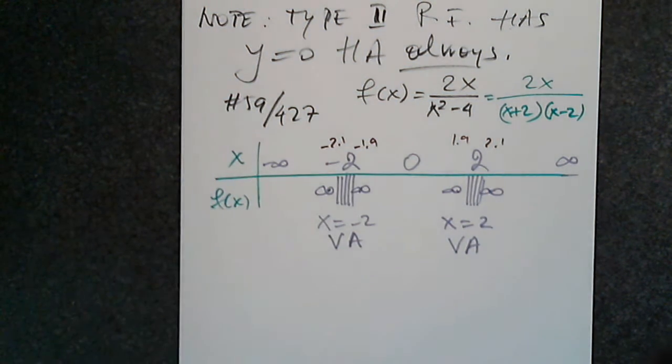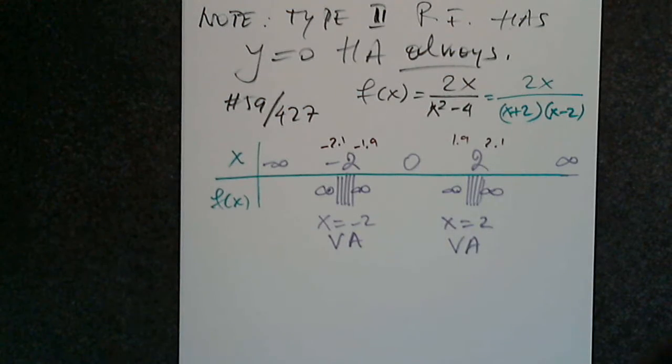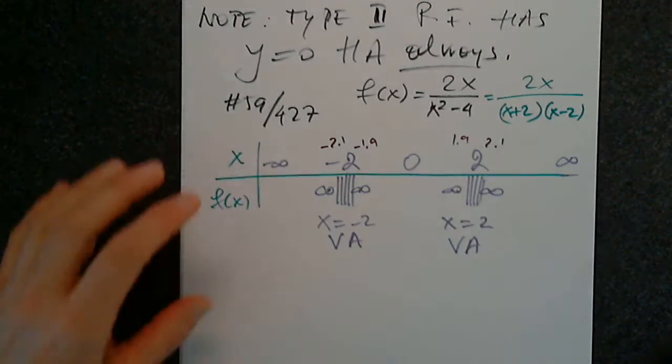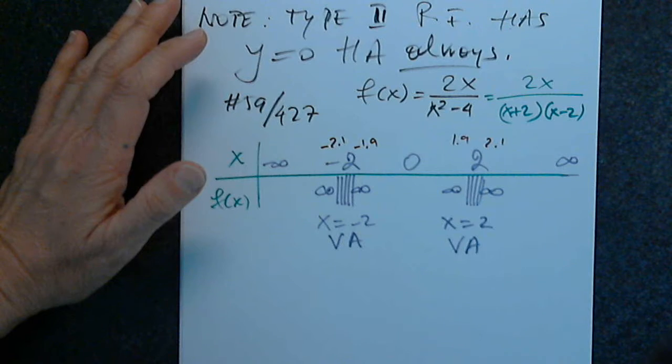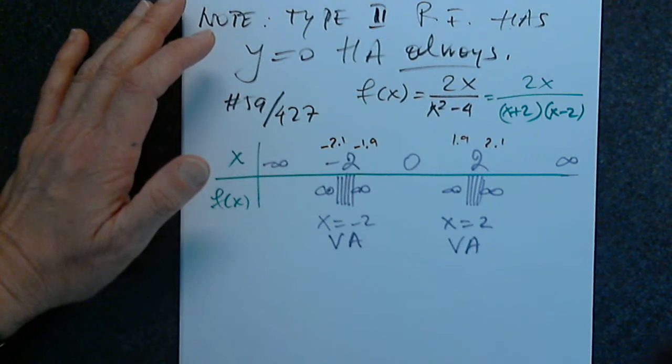Why am I picking those numbers? Because they are close enough. And what am I testing with them? To see the behavior, the sign. That's it. I would do 3.1? Exactly, that's close enough.